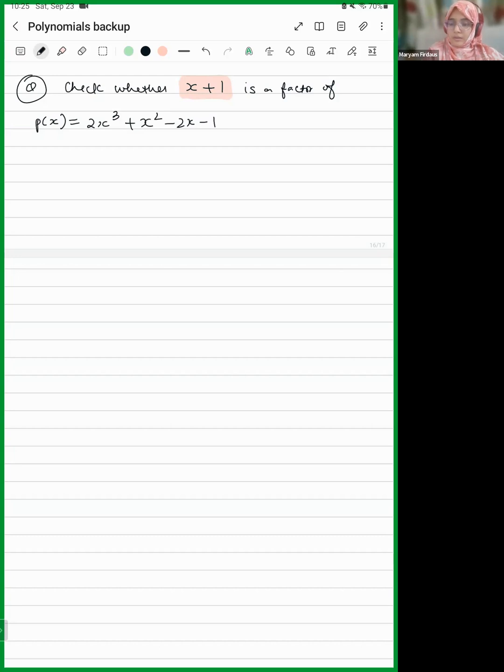Okay, the solution is x plus 1 equals 0, so x equals -1. Now p of -1 equals 2 minus 3 power 3.